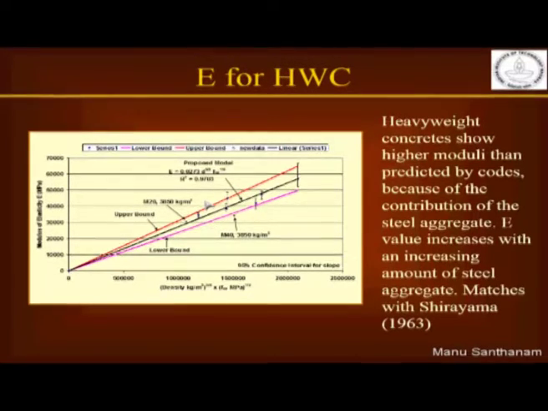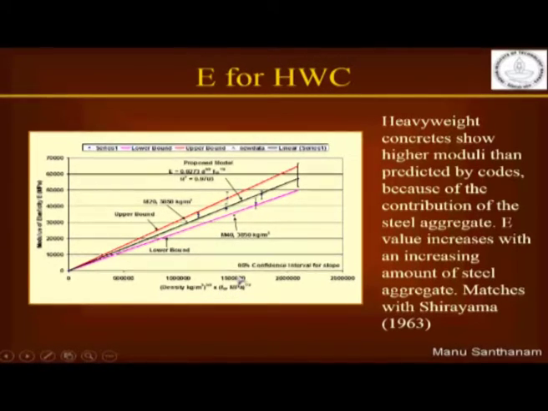So what we have shown here is a model to calculate the modulus of elasticity of high density concrete, or of any concrete whose unit weight is different from normal weight concrete. So here what is plotted is the modulus of elasticity against the density to the power of 3 by 2 multiplied by the square root of strength.